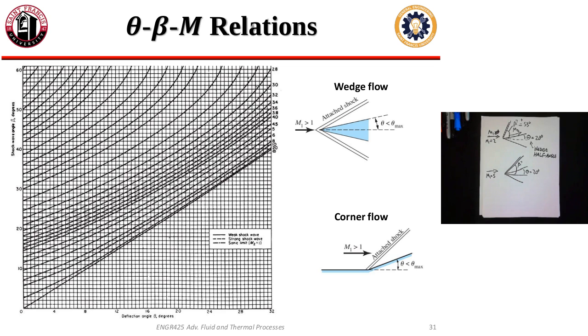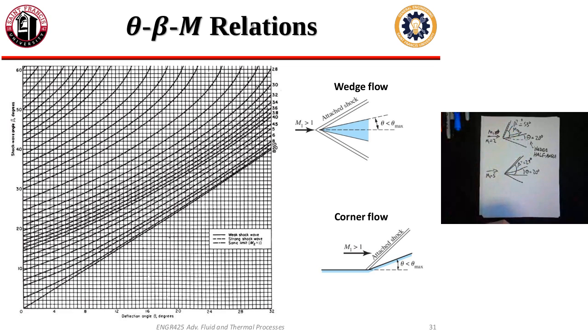Mach 5, 20 degrees. What do you got? Like 28, 29 degrees for beta. That sounds good to me. All right, I got about 29.